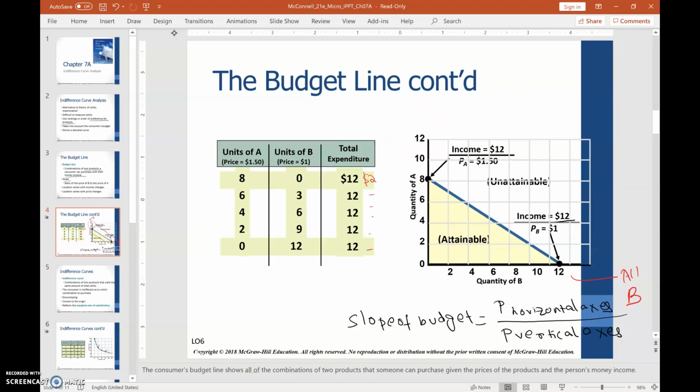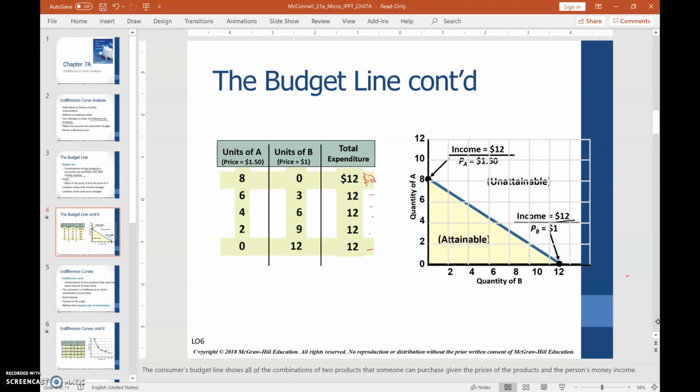Now take a look at what happens when the price increases or decreases. Given to us, the price of B is equal to $1, and I'm going to change this price of B here. So the price of B is $1.